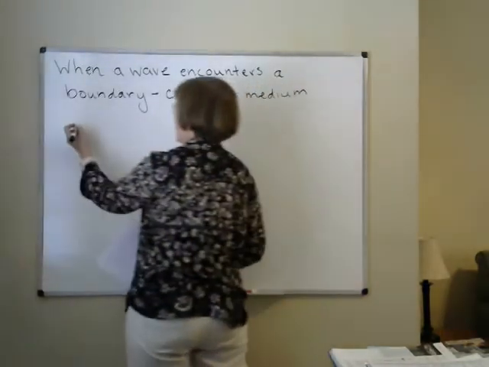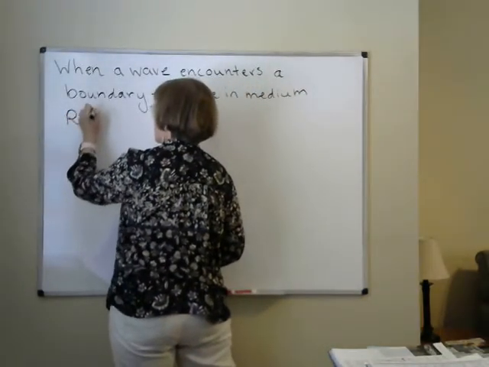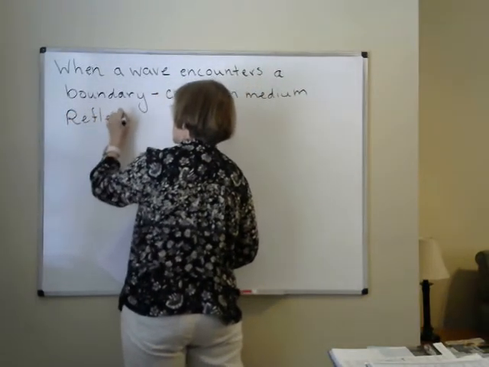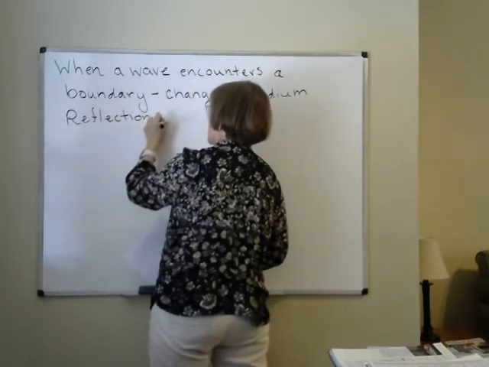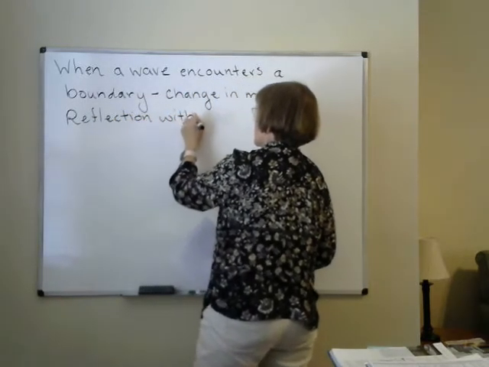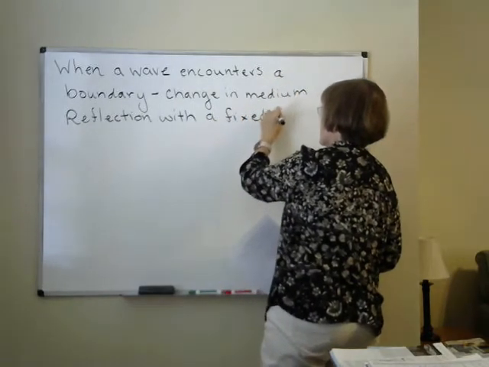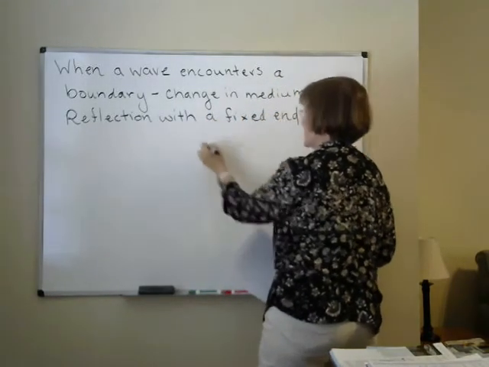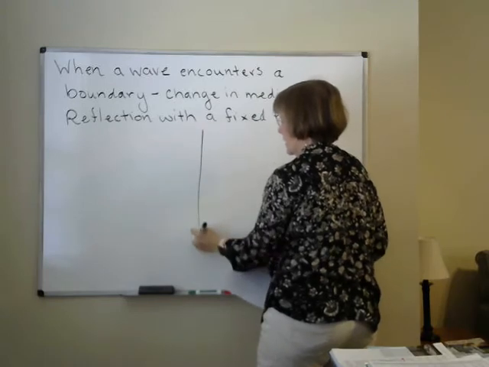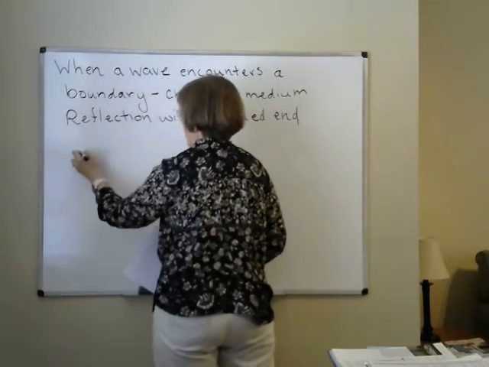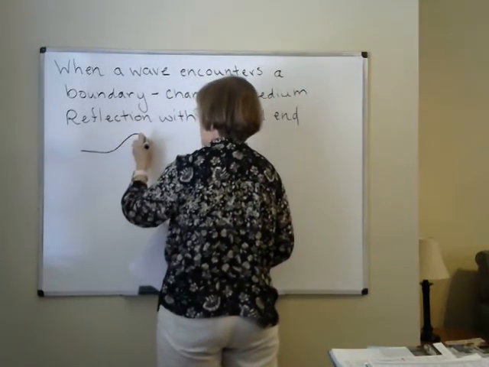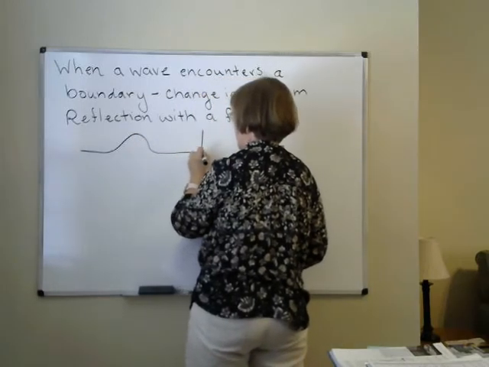If we have reflection with a fixed end, suppose this is a wall, and you have a rope, and you send a pulse through this wall to the rope, and this is fixed right here.